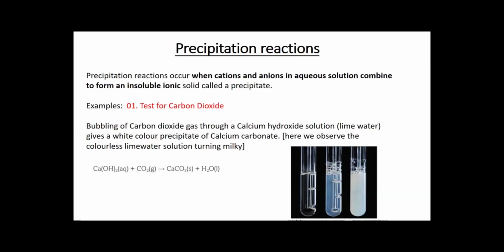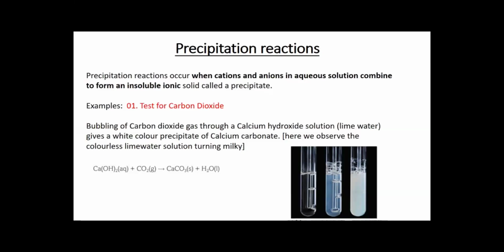So one example we discussed was the testing for carbon dioxide. I told you, if we are bubbling carbon dioxide into lime water, so lime water is what? Calcium hydroxide solution. It is initially colorless. When we keep on bubbling, what happens?